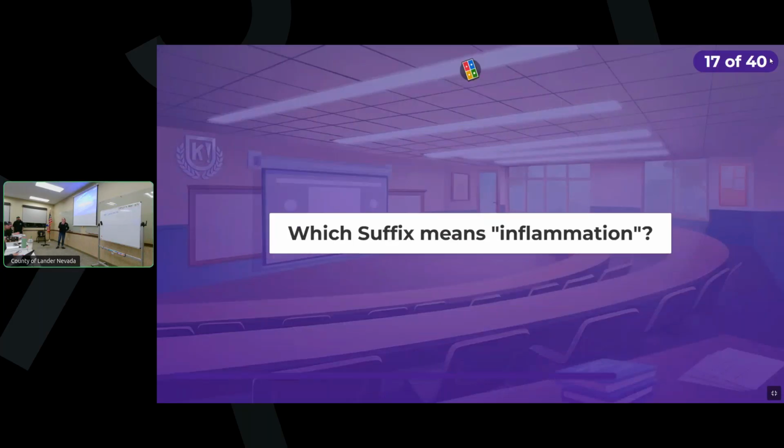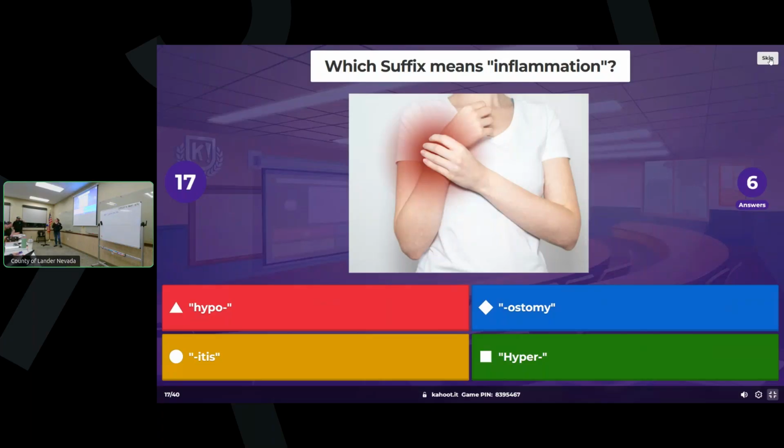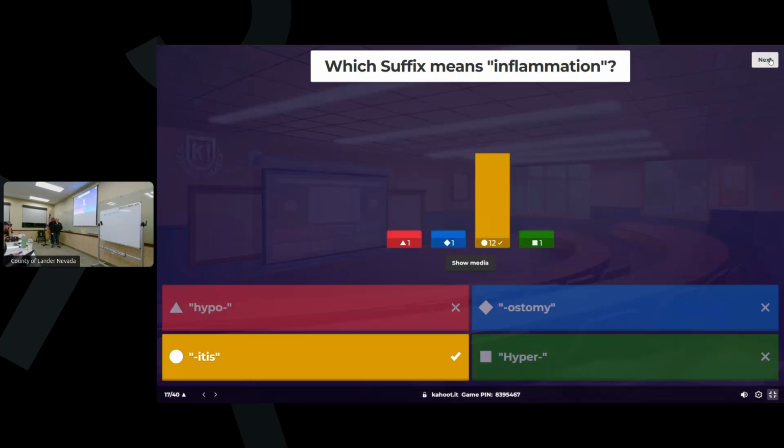Which suffix means inflammation? Y'all better get this one too. So close. Itis. So anything ending in itis is inflammation of that. What is hyper? Over. What is hypo? Under.